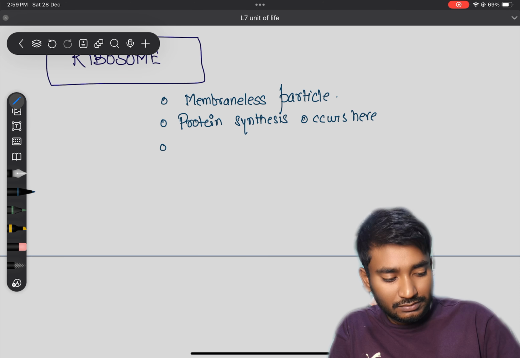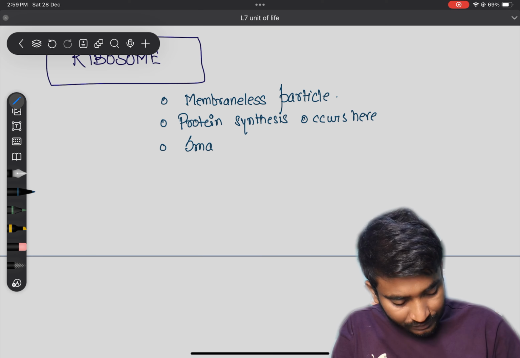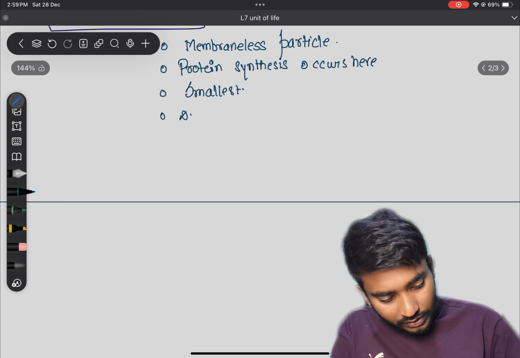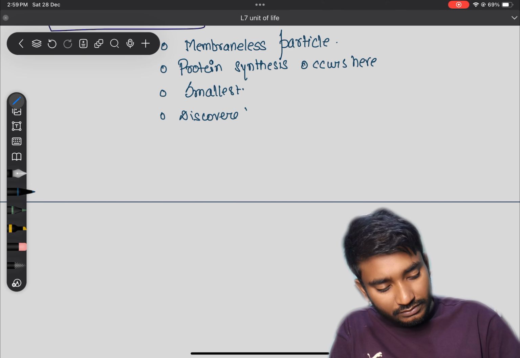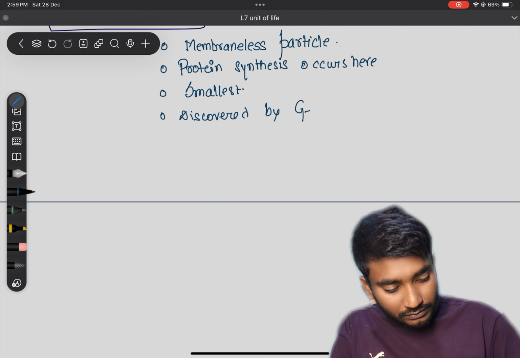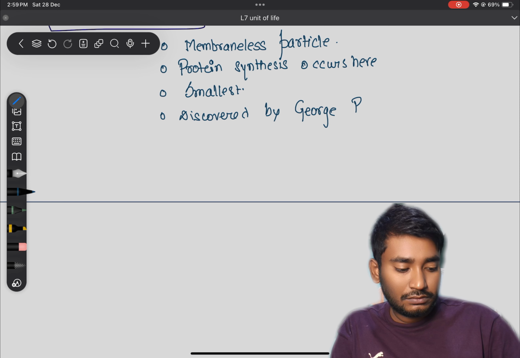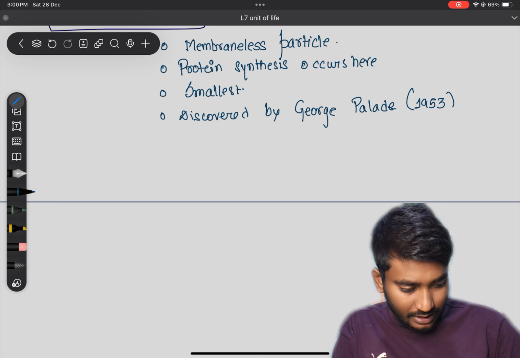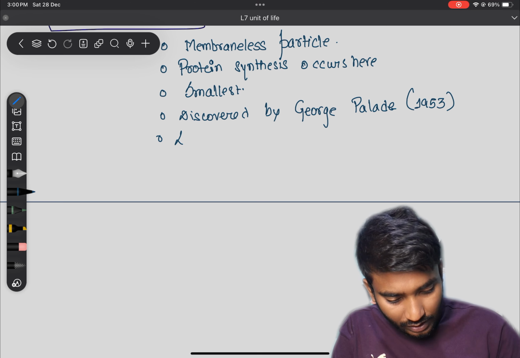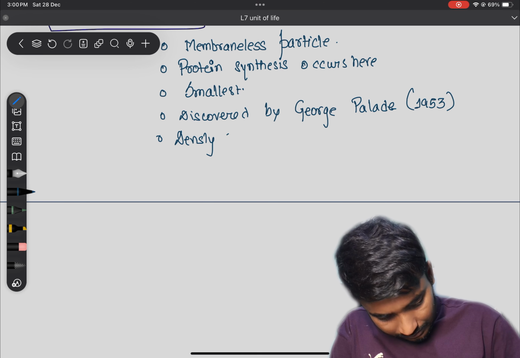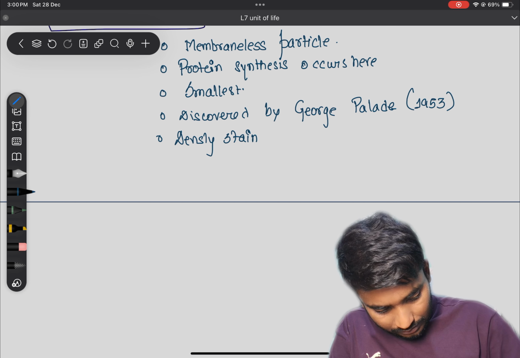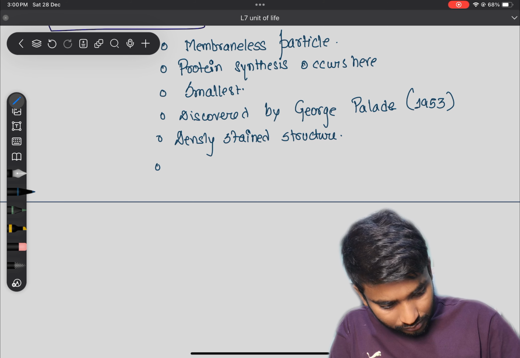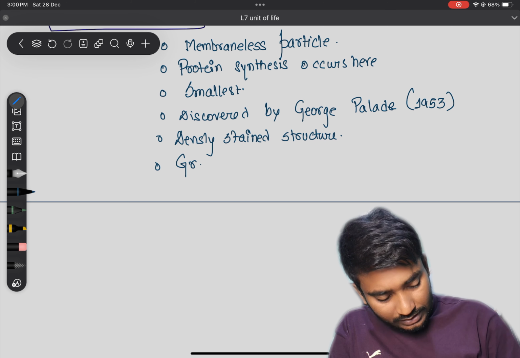It is the smallest organelle. It was discovered by George Palade in 1953. It is a densely stained, granular structure.